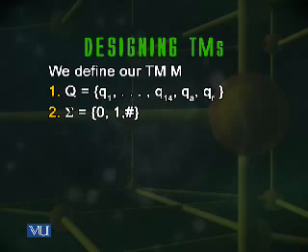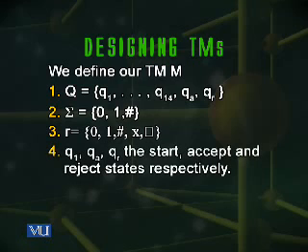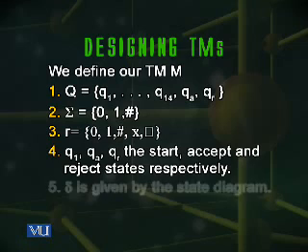These are the input symbols that can be given to this Turing machine. The work alphabet in this case will consist of the symbols 0, 1, hash sign, a special symbol which will be used to cross out characters, written as X here, and the blank symbol. Of course, Q1 is the start state, QA is the accept state, and QR is the reject state.